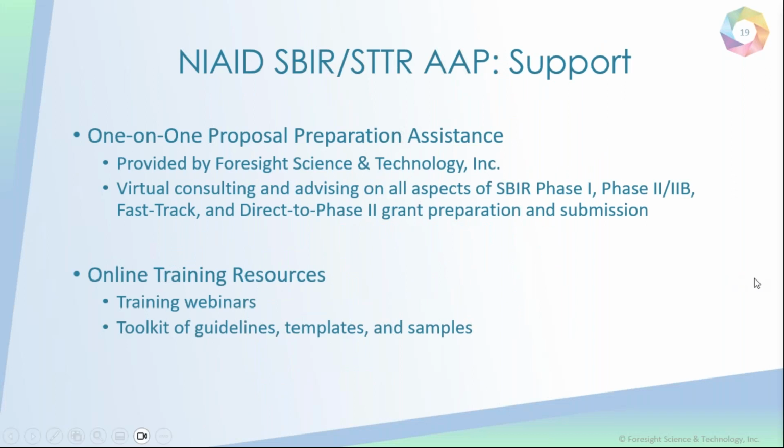So again, talking about the structure of our services, two components. One is one-on-one proposal preparation assistance, which will be initiated with this kickoff call I mentioned. It will be provided by Foresight Science and Technology individually to each participant, and it will consist of virtual consulting sessions, and pretty much every component of your phase 1, phase 2, fast track or direct to phase 2 grant application is on the table.